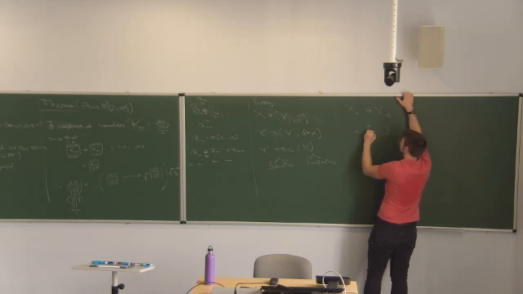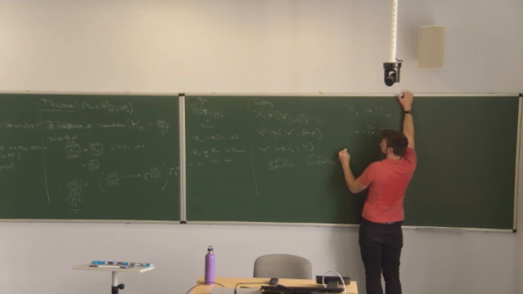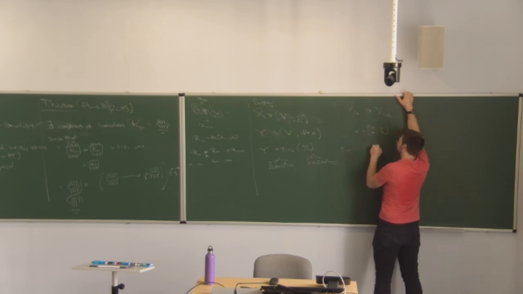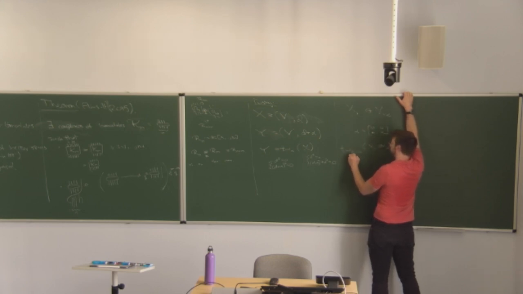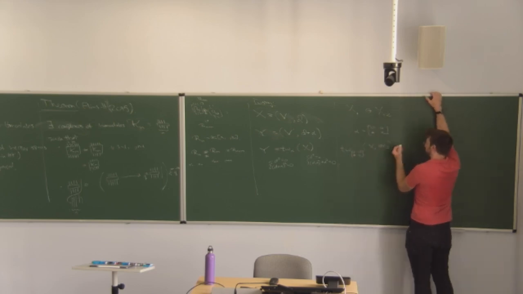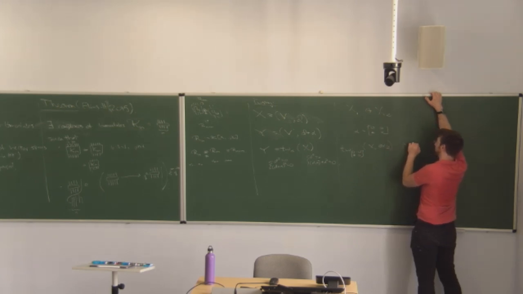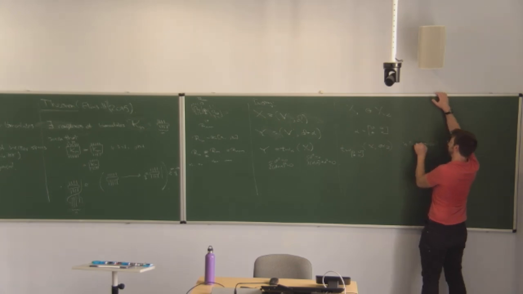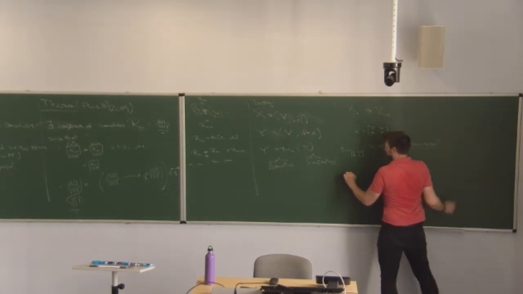So if alpha is strictly lower triangular, then if we take a direct sum of complexes and twist by a lower triangular, this is called a one-sided twist.